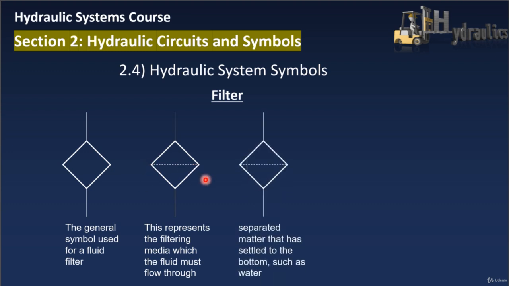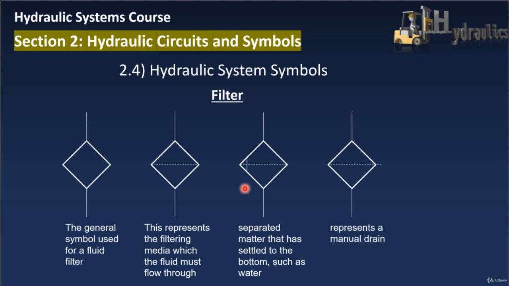Another type of filter is where a line is drawn horizontally across the bottom portion of the symbol, and it represents the separated matter that has settled down to the bottom of the filter, like water. So this line gives me an indication of settlement of the separated items or matter, like water here.